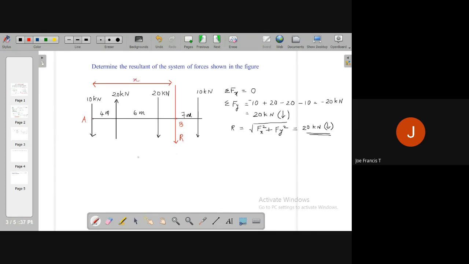You're going to apply Varignon's theorem. So what does Varignon's theorem say? The algebraic sum of moments due to the components with respect to a point is equal to the moment due to the resultant, right?